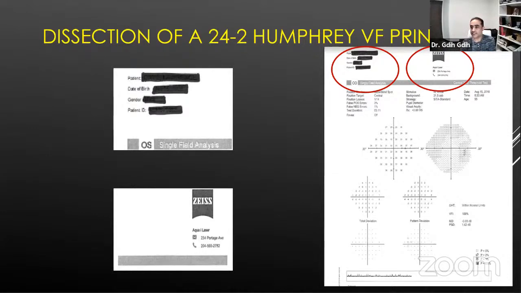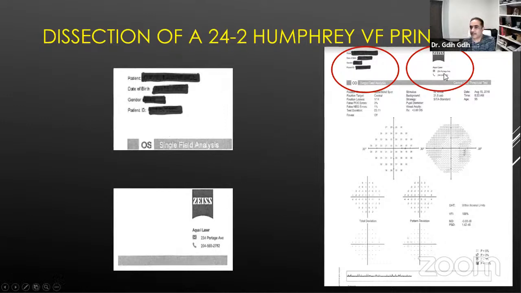So if, for example, I test someone who is 60 years old and I put down their age as 20, the machine is going to give me a lot of errors and a lot of abnormalities that don't exist in that patient. Why is that? Because it's matching them to someone who is 20 years old, and the retinal sensitivity is much higher than at 60 years old. Therefore, it's important to match the age.